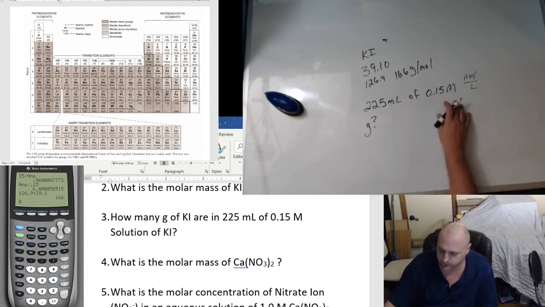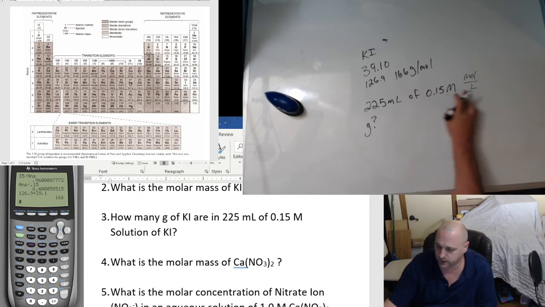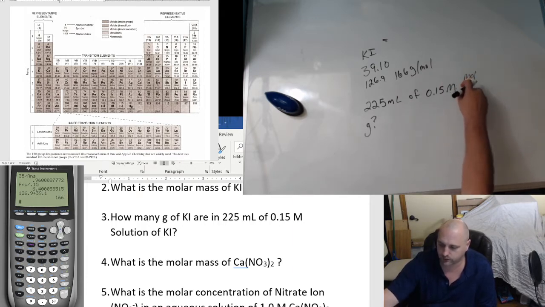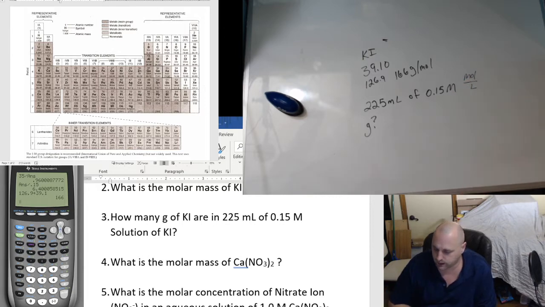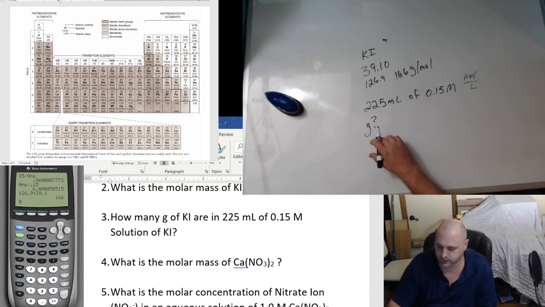So when I'm looking at this, I'm going to set this up as a conversion. I'm going to take milliliters to liters. Then I can use this molarity as a conversion factor, so it's 0.15 moles per 1 liter. And then I can use the molar mass I figured out previously to get the grams.